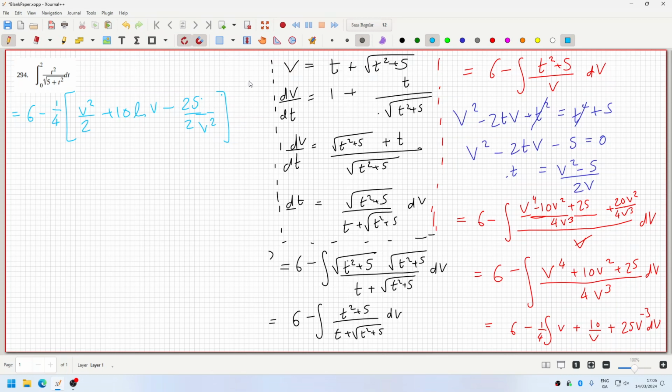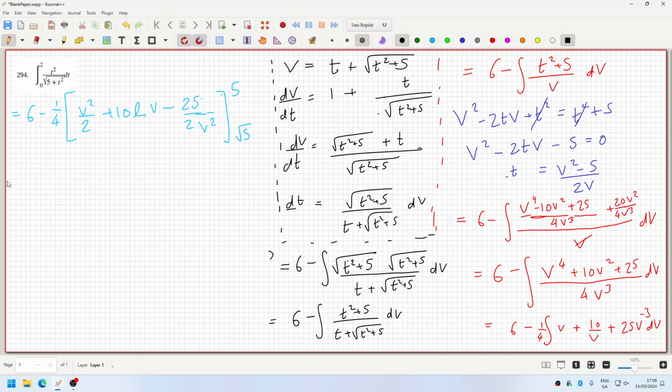But we'll have to change the v limits. So t was 0, so that's a root 5. And then the next v value when t is 2, 4 plus 5 is 9, root 9 is 3, 3 plus 2 is 5.